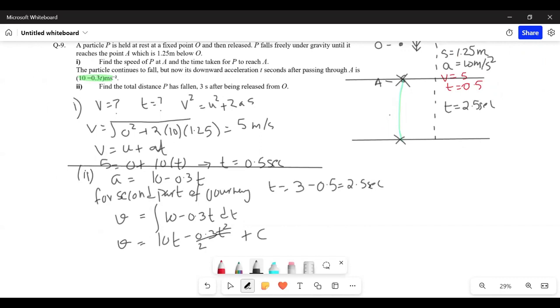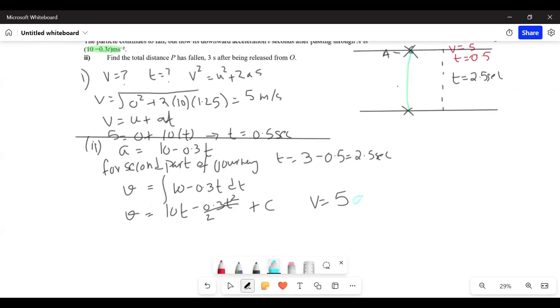Okay. To find c, I need a t and the corresponding value of v. So at the start of the journey, v is 5 and t would be, sorry, not 0, 0.5. Time here is 0.5. So v is equal to 5 at time 0.5 seconds.